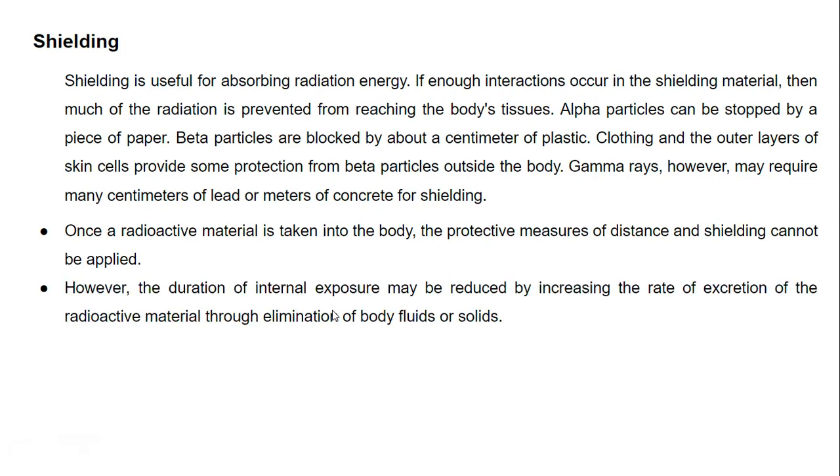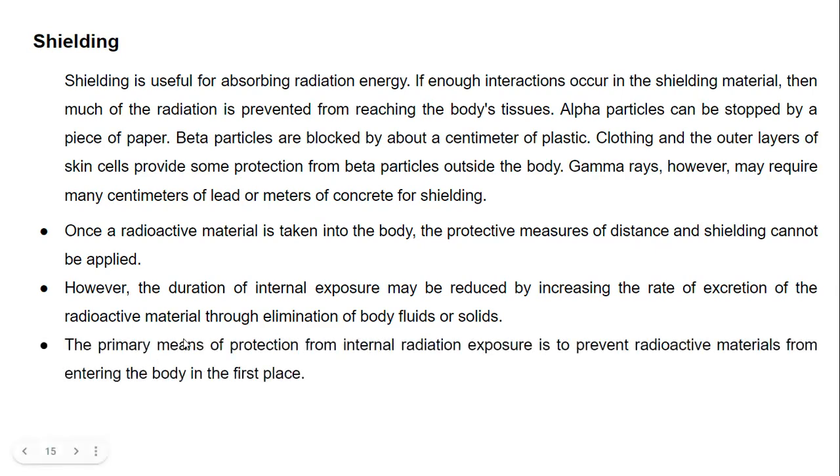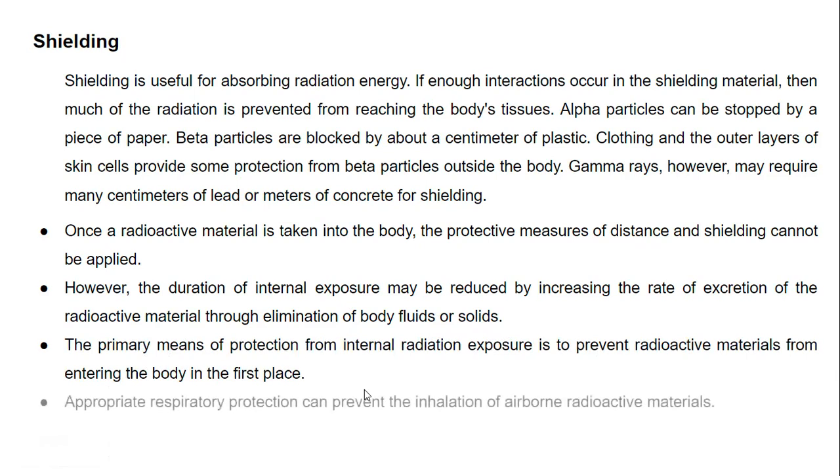However, the duration of internal exposure may be reduced by increasing the rate of excretion of the radioactive material through elimination of the body's fluids or solids, if it is possible to excrete it by means of medications. The primary means of protection from internal radiation exposure is to prevent radioactive materials from entering the body in the first place.